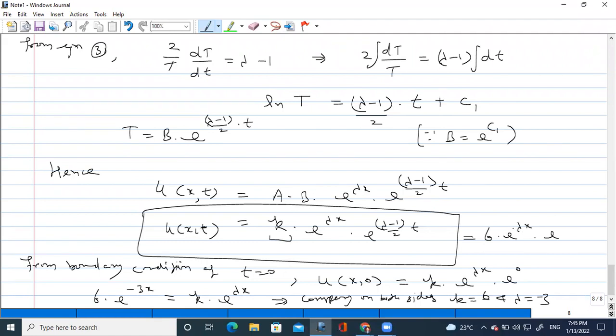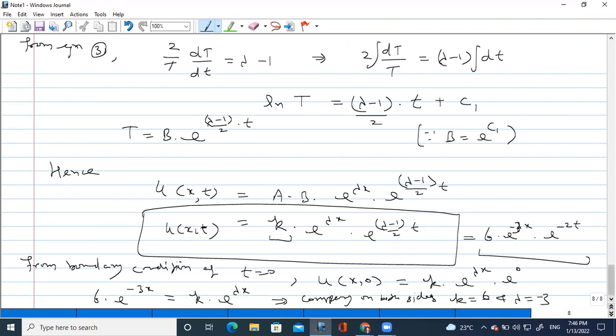Sorry, in place of lambda we have to write minus 3 now. So it will be minus 3x, minus 3 minus 1 is minus 4, by 2, minus 2t. That is the answer. Understood this? Now go through this question quickly and understand the procedure we have done.